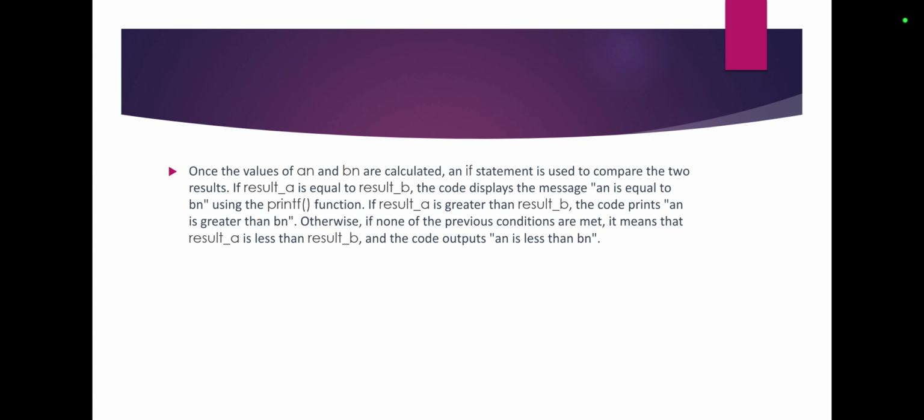If resultA is greater than resultB, the code prints "an is greater than bn". Otherwise, if none of the previous conditions are met, it means that resultA is less than resultB and the code outputs "an is less than bn".